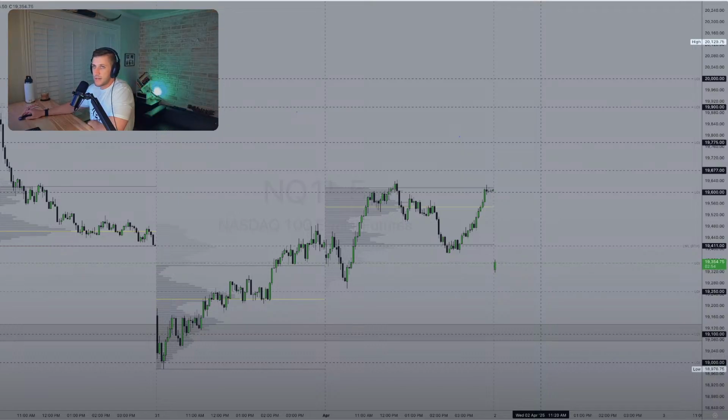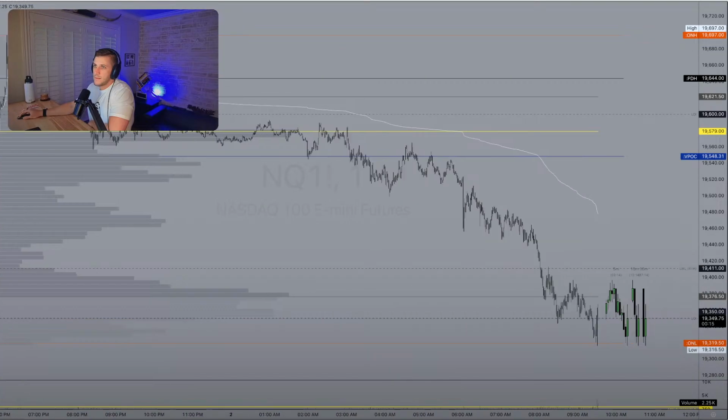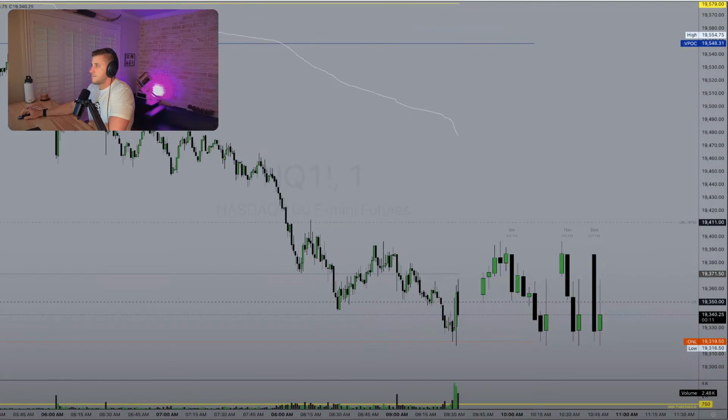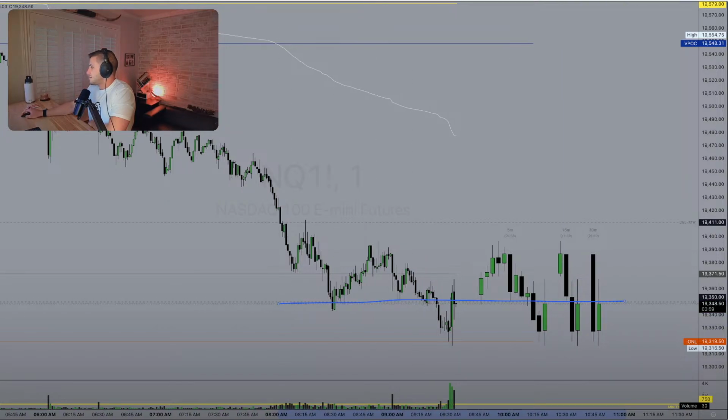So not a true gap for me personally. Three fifty stays as the level to watch.